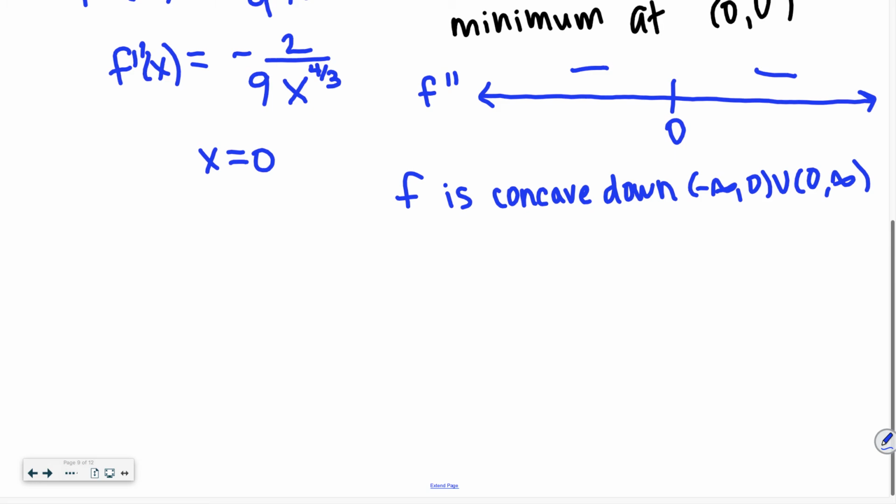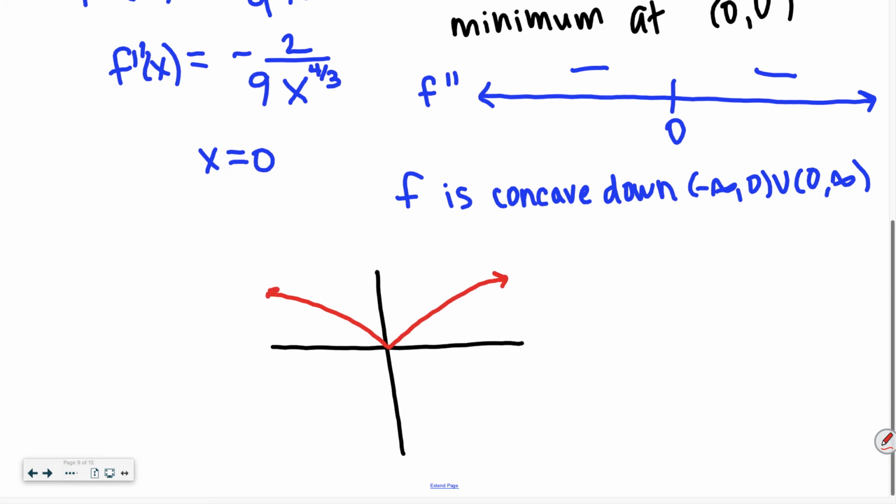Is there an inflection point? No. So it's concave down, increasing, decreasing.